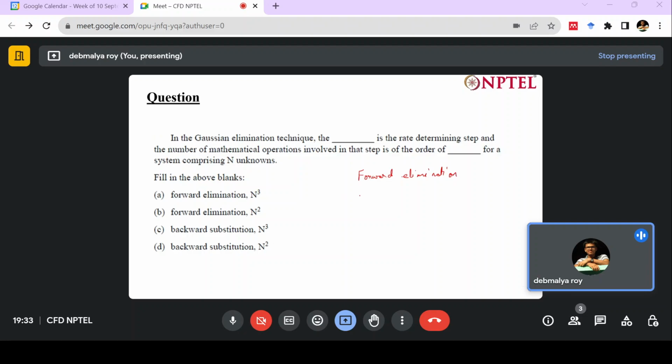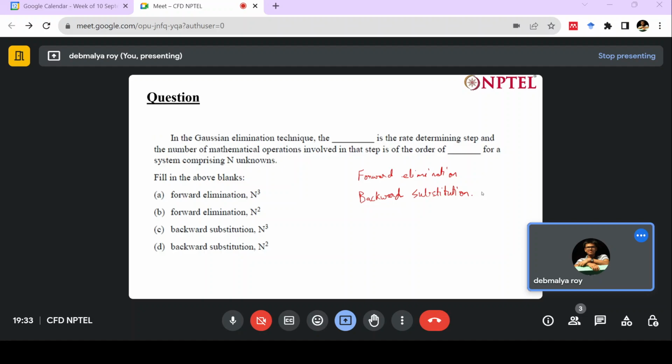And then next is back substitution, backward substitution. This is basically the step in which we find out the value of the variables by substituting from the last equation to the second last and so on. That's why it's called back substitution.